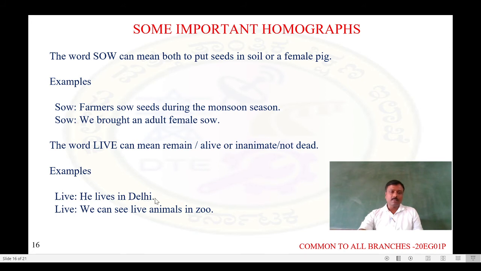He lives in Delhi means ಅವನು ಡೆಲ್ಲಿನಲ್ಲಿ ವಾಸ ಮಾಡ್ತಾ ಇದ್ದಾನೆ ಅನ್ನೋ ಮೀನಿಂಗ್ ಬರುತ್ತೆ ಕನ್ನಡ. So we can use it like this. We can see live animals in the zoo. Live means not dead, animate animals.